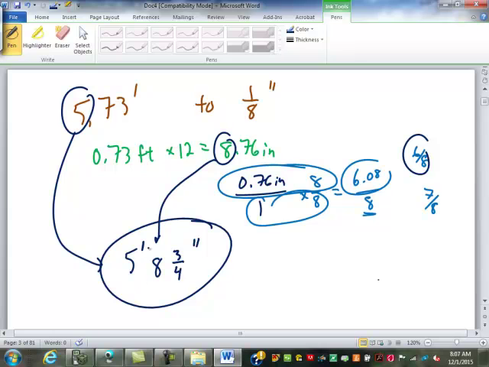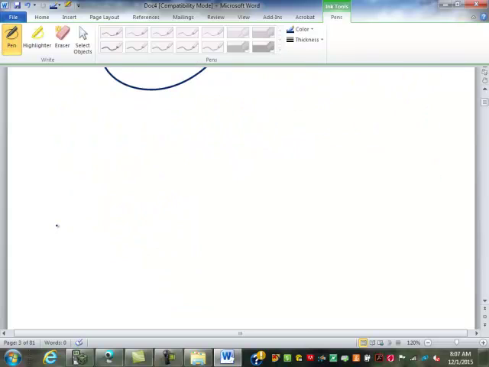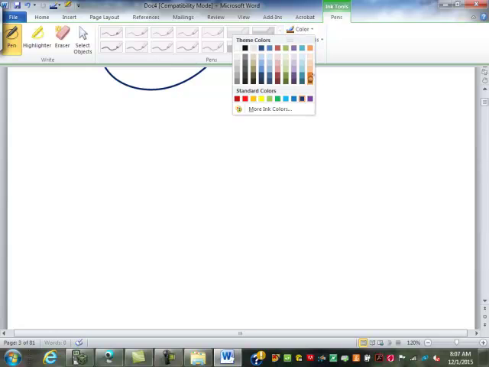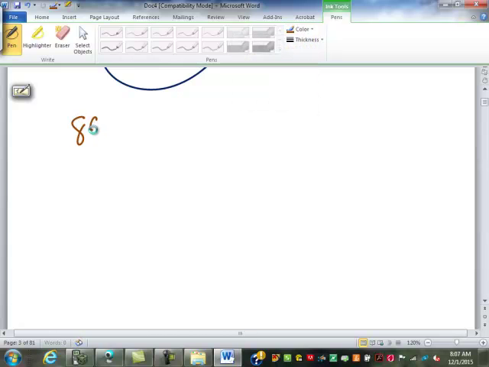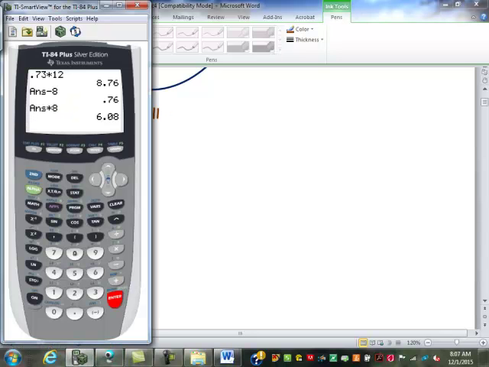So if I'm starting out in feet, that's my process. What if I'm starting out in inches instead of feet? Like 89.32 inches. I'm going to put this in the calculator. 89.32. And as you said, Bruce, the first step is divide by 12.